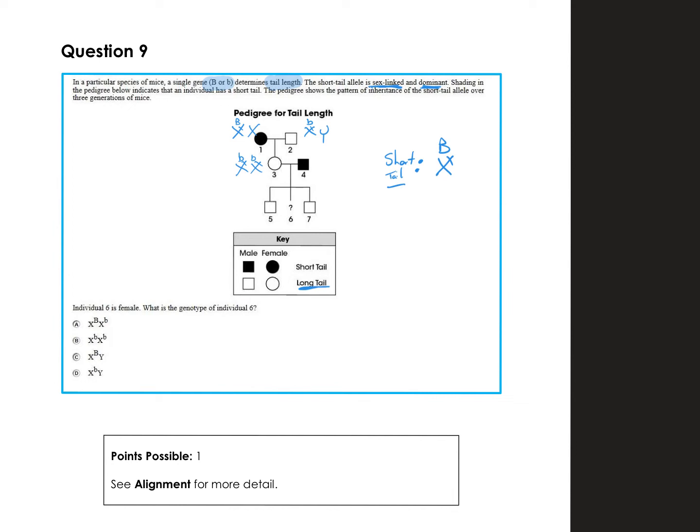So in order to have a long tail, you can only have a little b, either X little b or X little b Y. Now this male has a long tail, so he has X big B Y, and he has two boys that he gave a Y to.